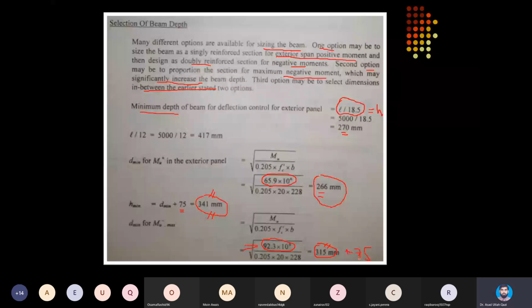How much the width of the slab, and we use BF as width of the flange.